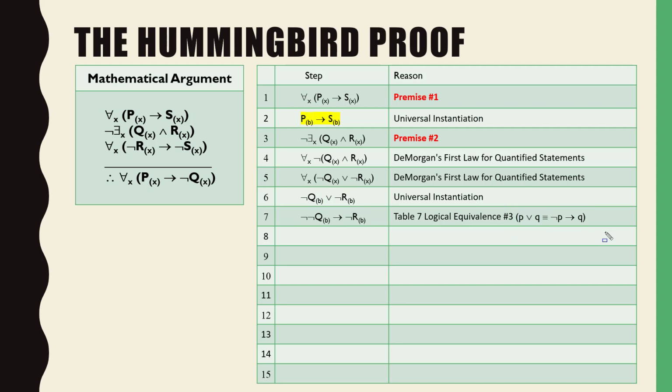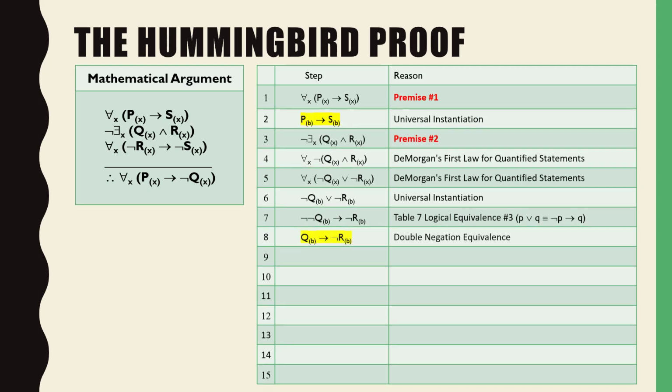Okay, so if I've done that, what's the next obvious step here? By what logical equivalence? It's kind of a glaring one there on Q. Double negation. So with double negation, we now have Q of B, therefore not R of B. And this is where we're going to stop with that one.